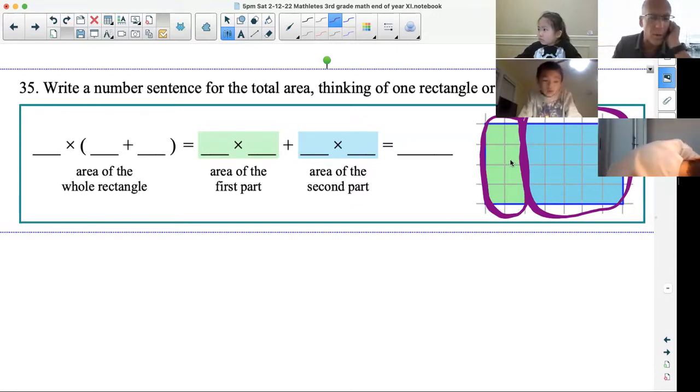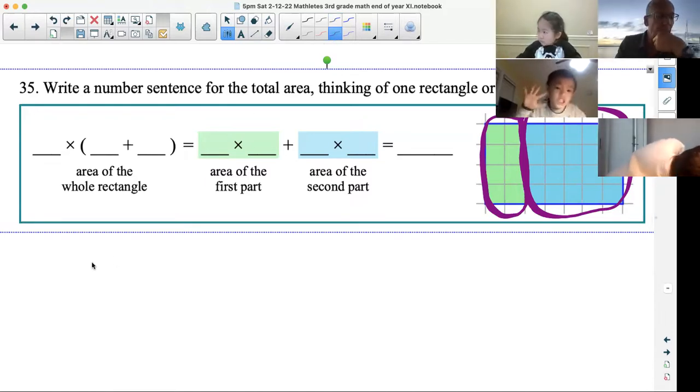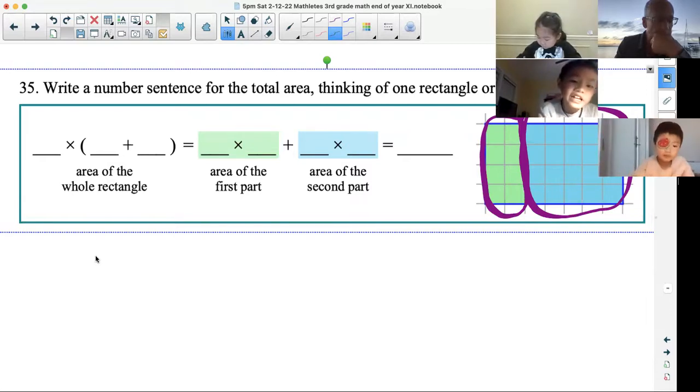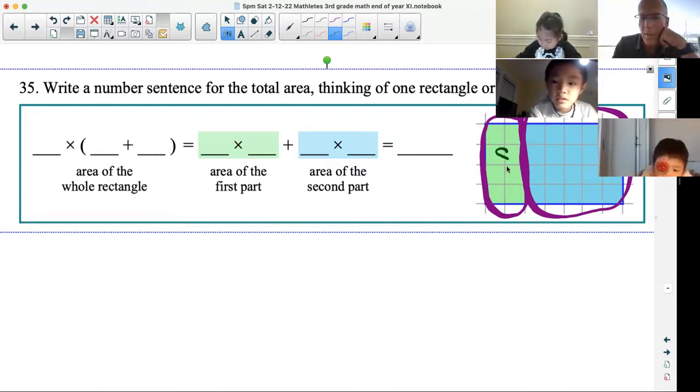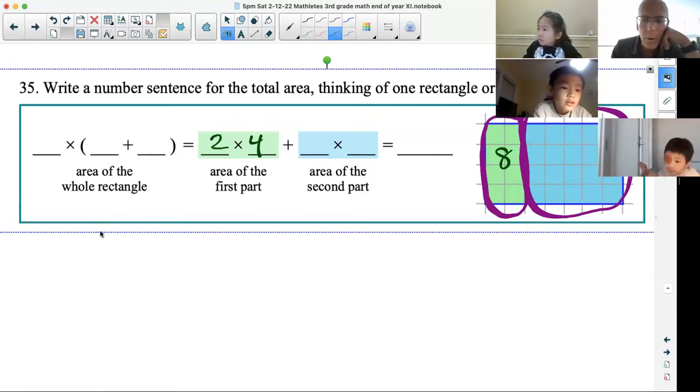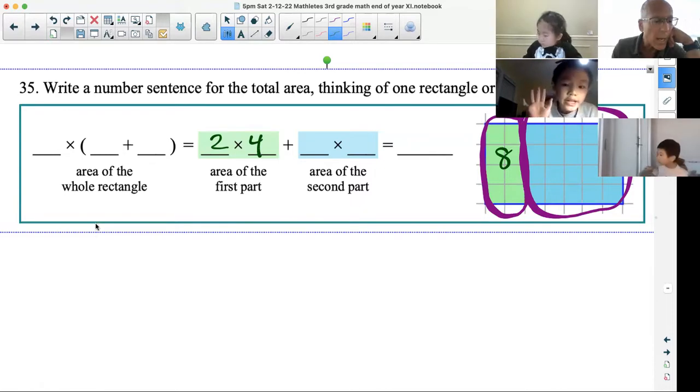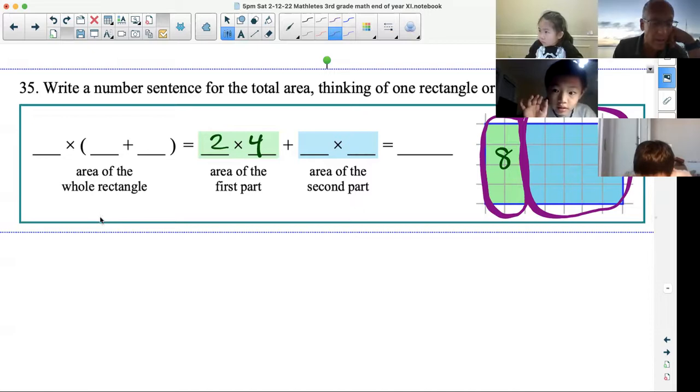What's the area of the green? Go ahead, Jason B. 8. 8, which is because it's a 2 by 4. Who can tell me the area of the blue? And I know Jason B knows because he made a rectangle just like that very recently.